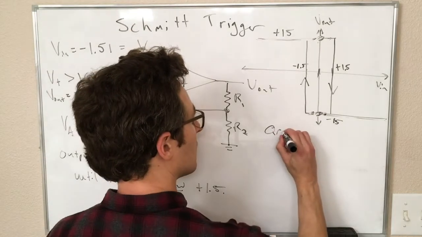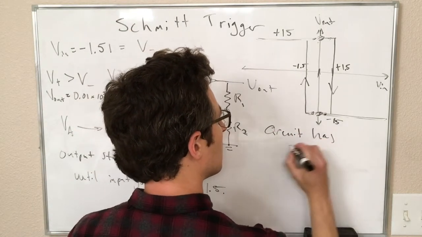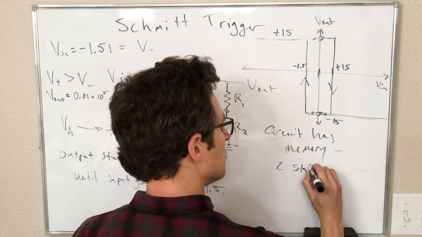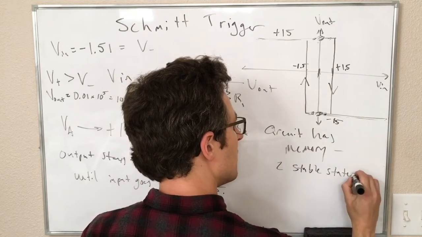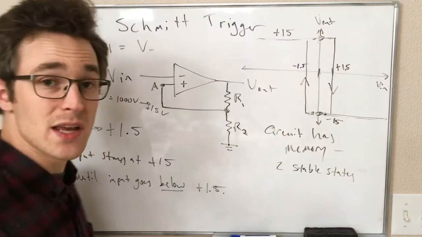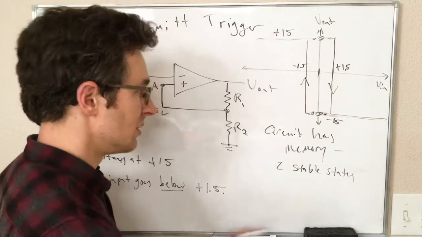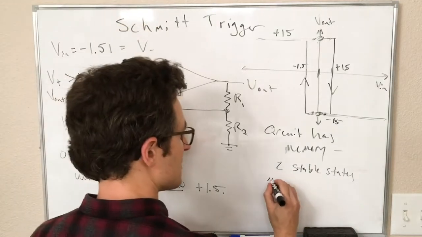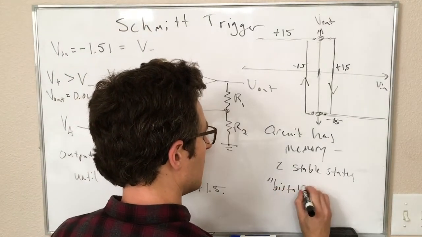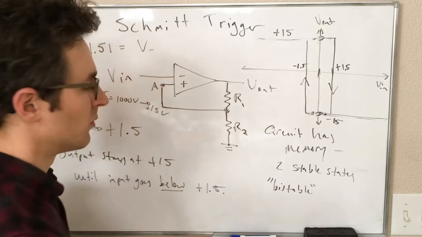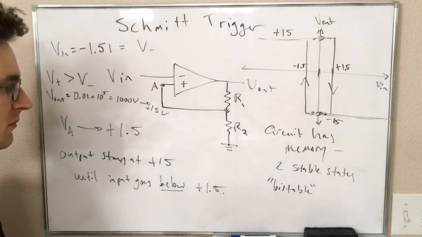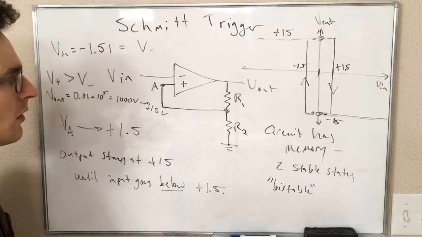So the circuit has memory, it has two stable states, and it will stay in that stable state until you give it a signal to push it out of it. Because there are two stable states, this is sometimes called a bistable circuit, and we'll see more examples of bistable circuits later on.